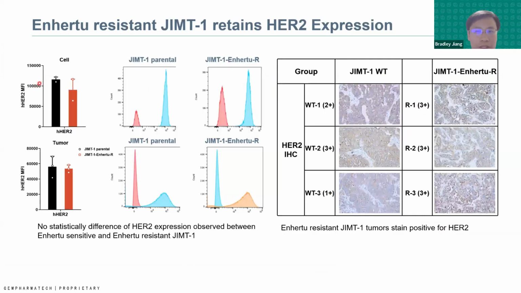For the antibody side, the FACS analysis for the cell line and the tumor show that no statistical differences in HER2 expression were observed between the HER2 sensitive parental cell line and the HER2 resistant cell lines.